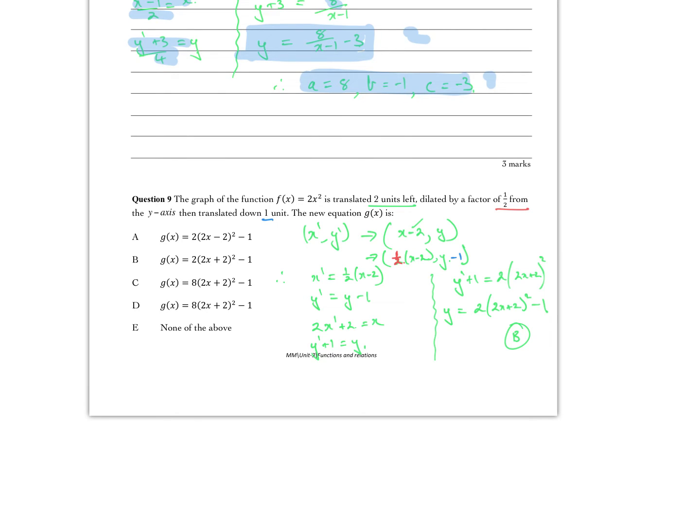So I get my x dashed is equal to a half x minus 2, y dash is equal to y minus 1. Rearrange everything, multiply both sides by 2, then take the 2 across, then just take the 1 across. So I've got my y equals and x equals, substitute both of those into the equation, and I get this form of the equation here for B, which is the answer I'm after.